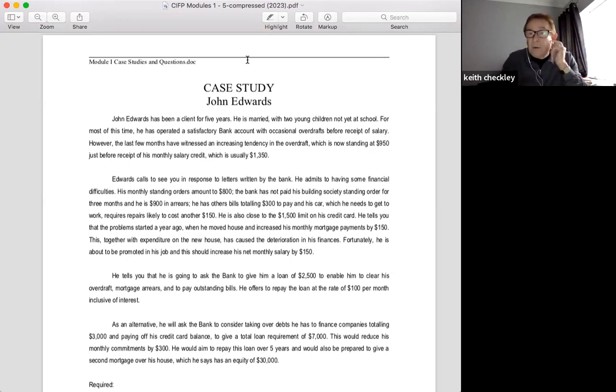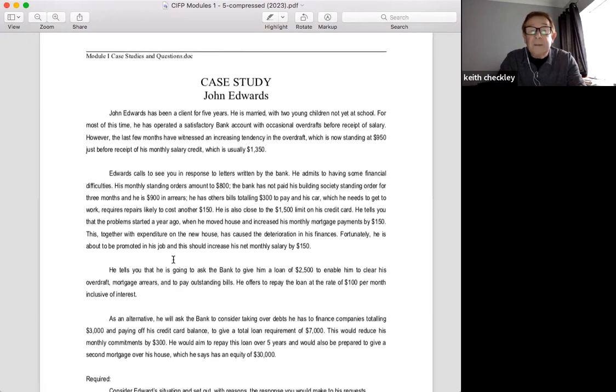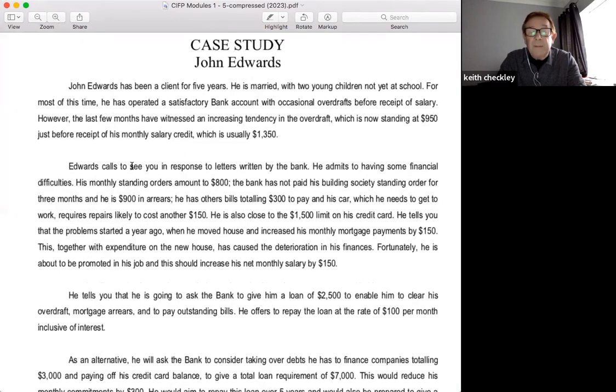And we saw from the case study, when we looked further down, that he's put forward two options. So you can see there in the third paragraph, option one is he's going to ask the bank for a loan of $2,500.